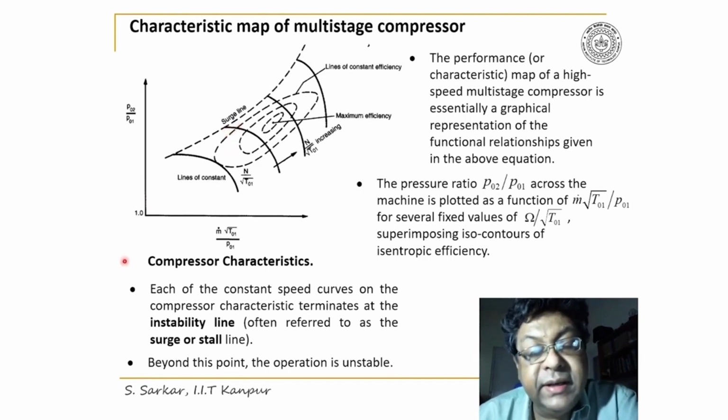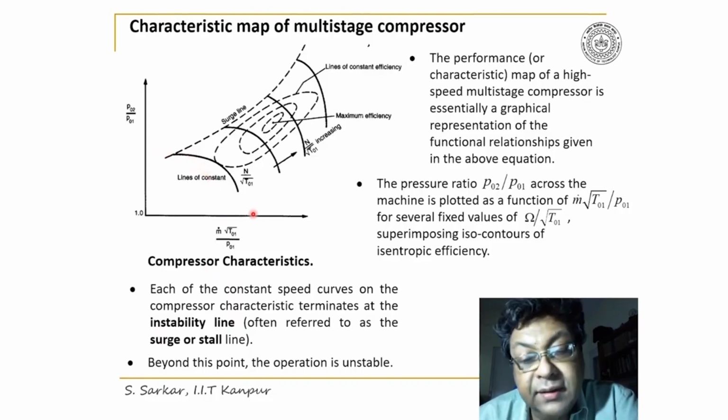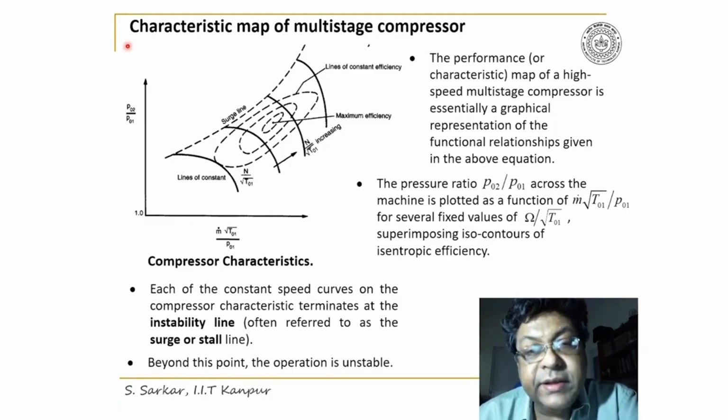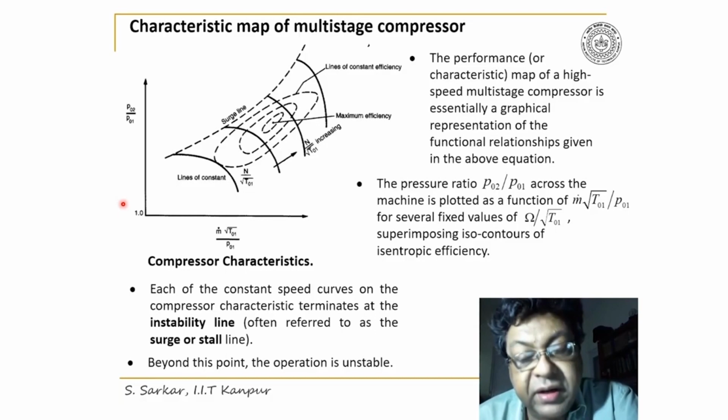So at any condition, one should not go beyond the surge line, otherwise the total operation would be unstable. This is so far about the characteristics map for a multi-stage compressor.